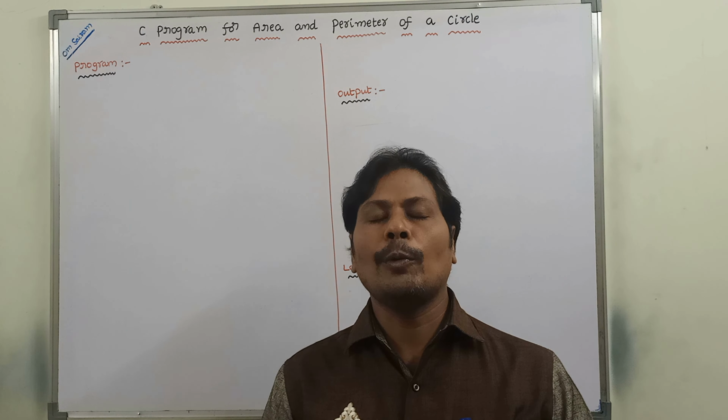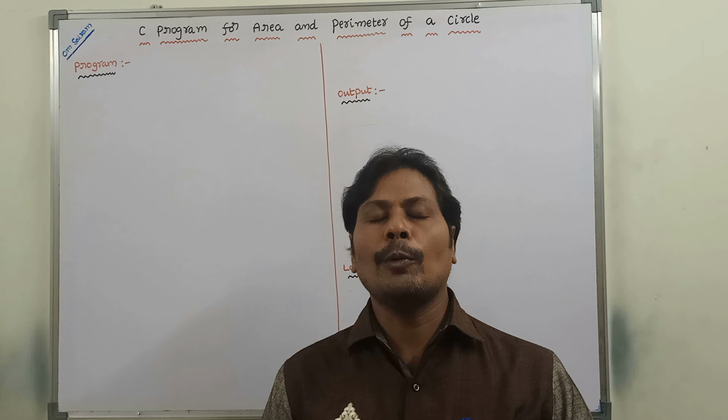The pi value is 22/7 into, suppose I am entering the radius value as 7, so 7 into 7. The 7s cancel, so 22 into 7, that is equal to 154. So this is the formula for the area of a circle.